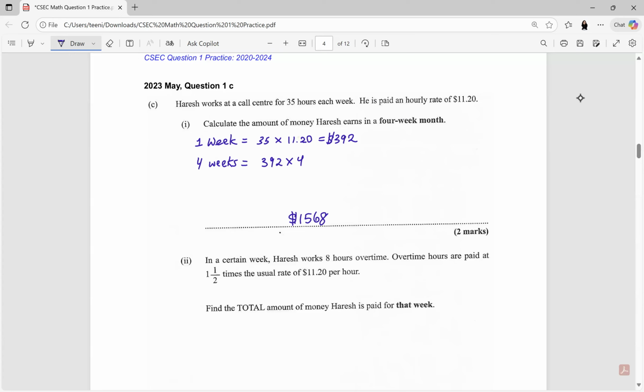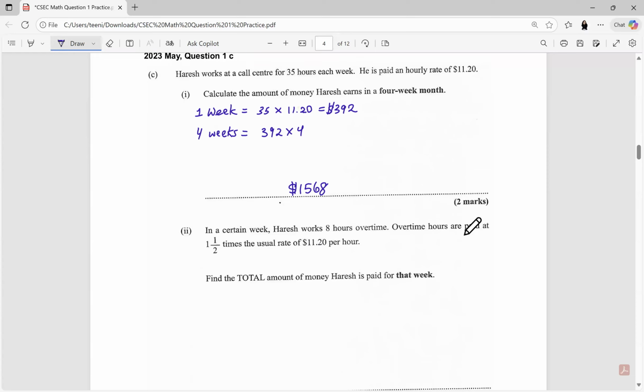What I did, I multiplied 35 hours by 4, and then I multiplied that answer, which was 140, by the $11.20, and I got the same answer. Correct. That's another way you could have done it. Excellent. You could have found the number of hours he works in a 4-week month. If it's 35 hours in 1 week, then 4 weeks will be 35 times 4, and then you just multiply that by the hourly rate. Both of them will give you the same answer.